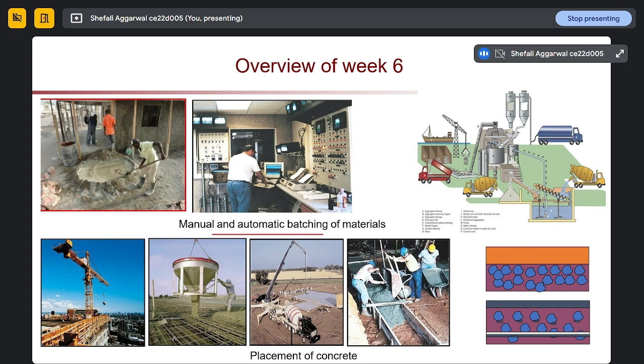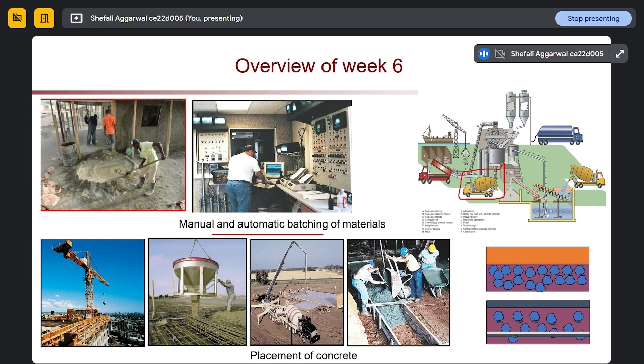You build all the elements in the industry, then take them to the site and finish it on the site, connecting the different elements. So these are the different types of concrete which have been used, or are emerging types of concrete which can be used in the construction industry.